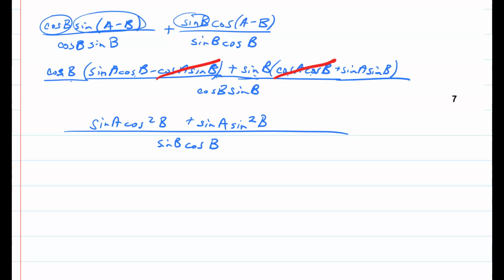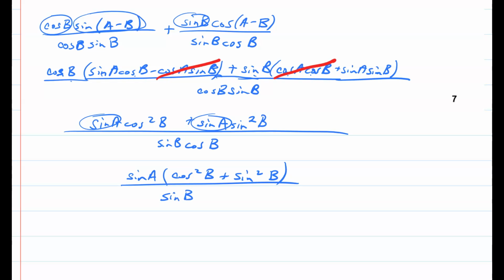Now when we look at what's going on in the numerator, we see that we have a common factor here, the sine of a. So we're going to pull that common factor out, sine of a, and inside the parentheses, when we do this factoring, we've got cosine squared b plus sine squared b, again over sine of b, cosine of b, and we see that this summation is the Pythagorean trig identity, that equals 1.